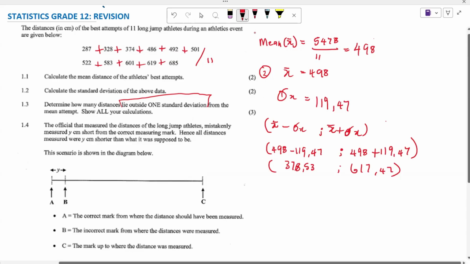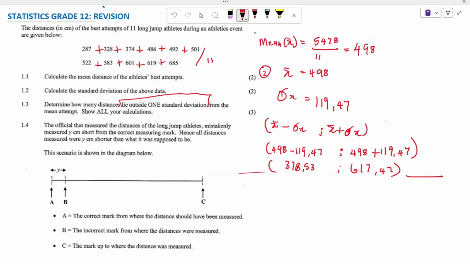So now you are going to look at the data that is going to lie outside. When we are saying outside, it can be the data after 617, or the data that is going to be before 378.